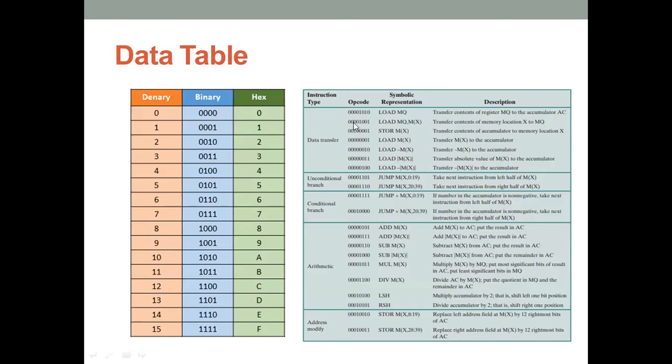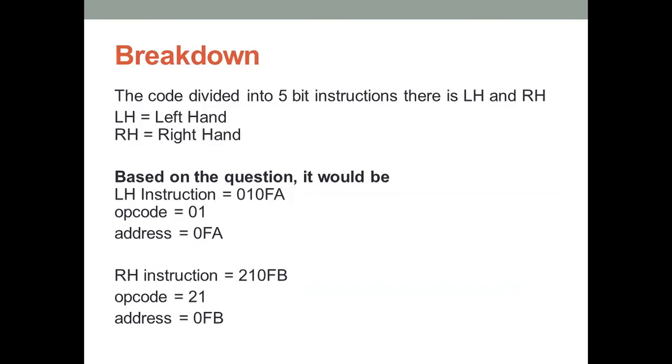So let's next break down the code. We should divide it into 5-bit instructions. There is LH, or left hand, and RH, right hand. Based on the question, the LH instruction is 010FA and has an opcode 01 and address 0FA.